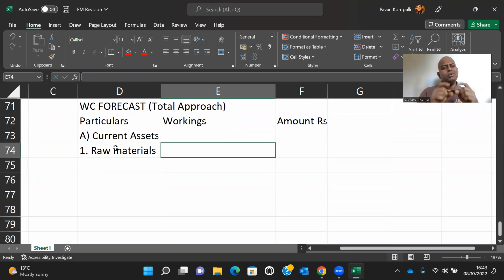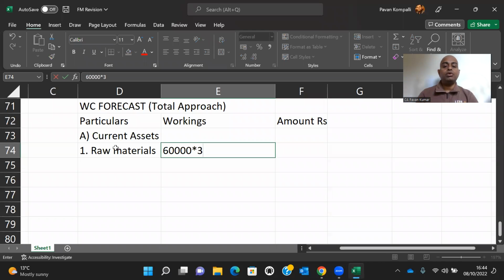Now, do you remember they have given you one big formula? Number of units produced into raw material cost per unit into something divided by something. What they told, I'll tell you here. How many units did you produce? 60,000 units.